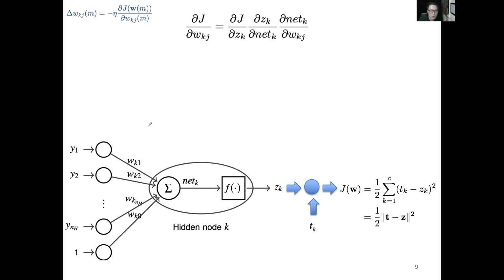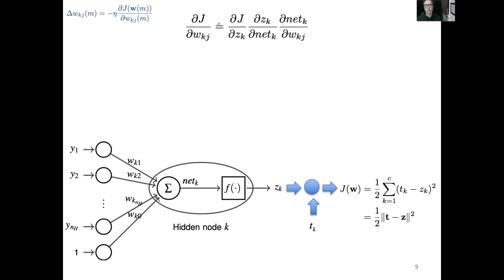When j is 1, we are talking about this W_k1. When j is 2, we are talking about this W_k2, and so on. So when we change the value of one of these W, this change will propagate to J. That's why we have partial J over partial W_kj.